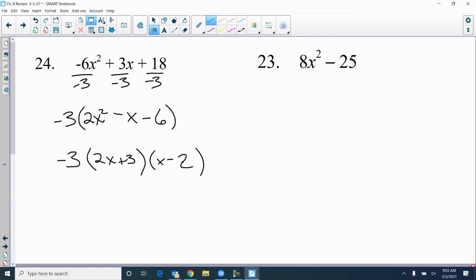If I would have done the chart, that would have given me 2 times negative 6. So two numbers that multiply to negative 12, and two numbers that add to negative 1. So you can go either way. I would have then split this. It would have become 4 terms, and I would have factored by grouping. Any other questions about that one?